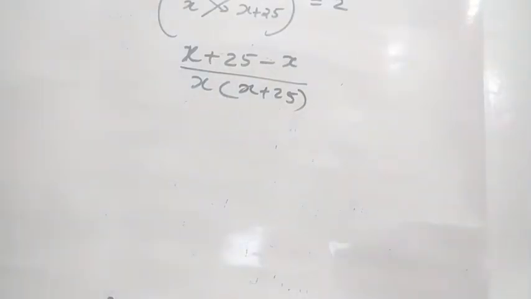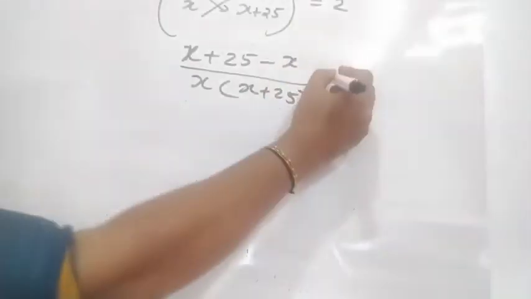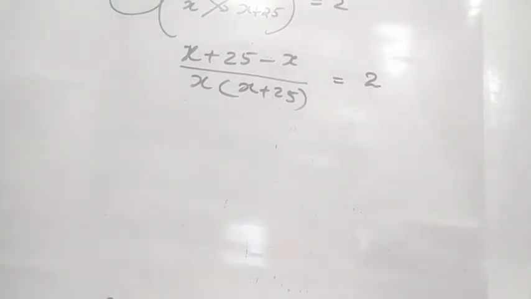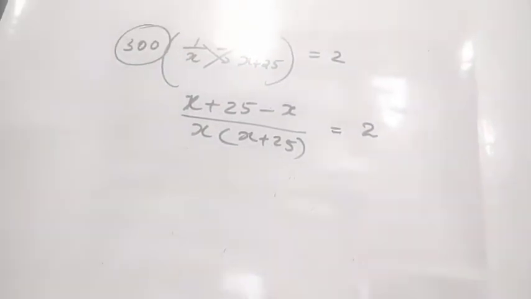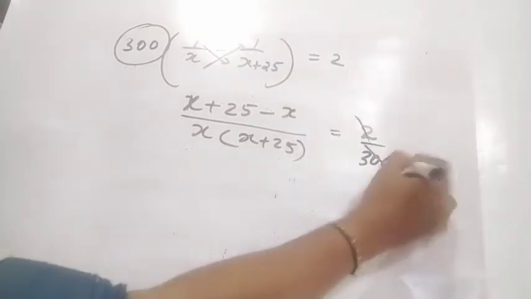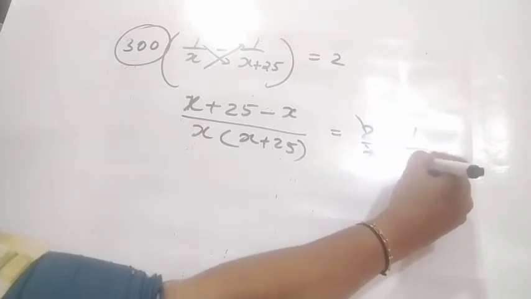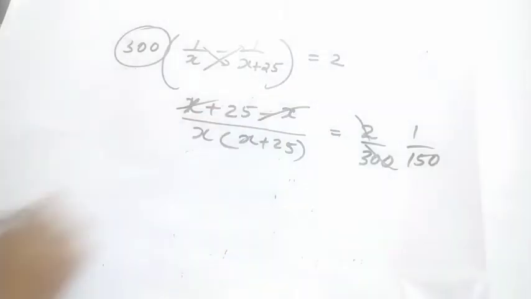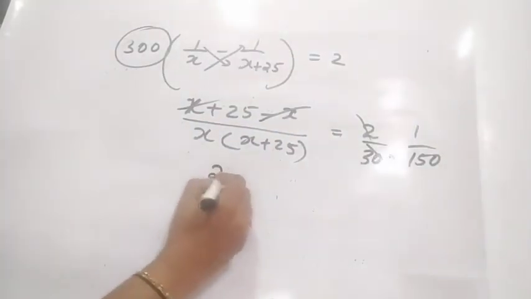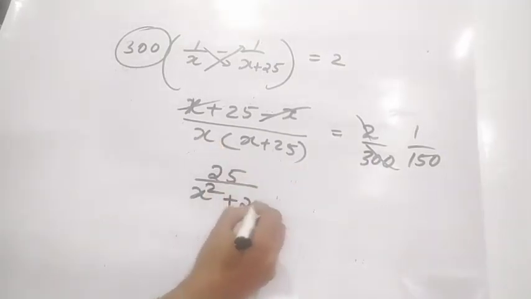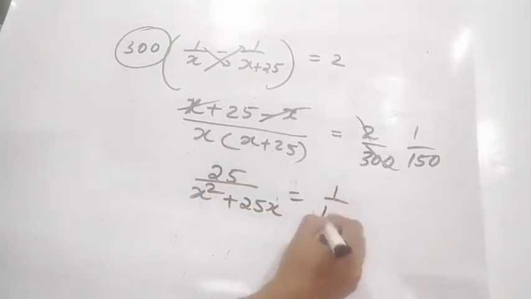If 3 and 4 are the denominators, we have to multiply 3 into 4 to get the denominator. This is equal to 2, and this 300 is multiplied here. So how can we write that 300 to the right side? Yes, divided by 300. So we can cancel out to get 1 by 150. And here x and minus x will be cancelled. 25 by x into x plus 25, that is x square plus 25x, equal to 1 by 150.